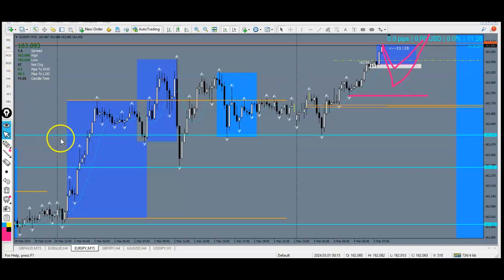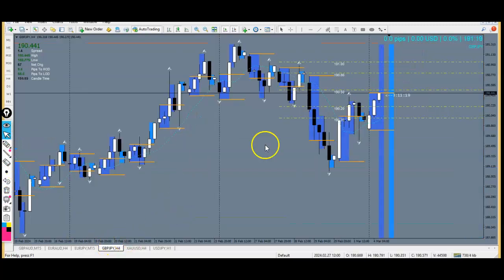And then let's look at pound yen. Same thing too. Let's just mark those levels. The setup is currently at a resistance. This is the last high.